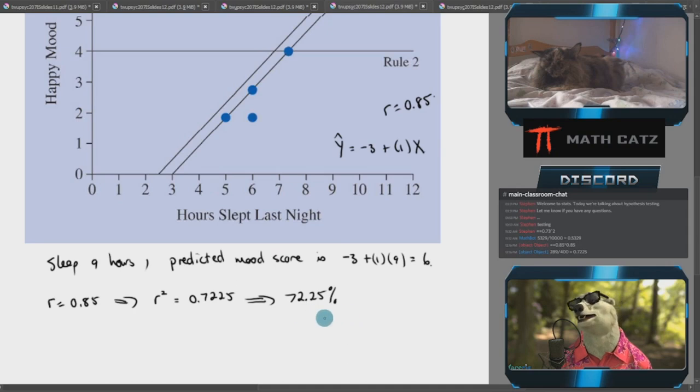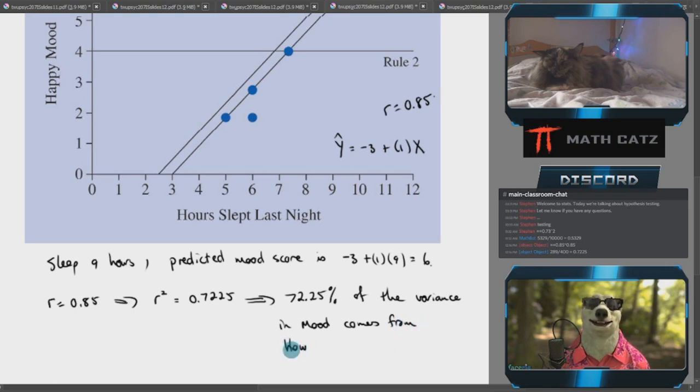So 72.25% based on this, so it's approximately, of the variance in mood rating, let's just say it briefly comes from hours, let's capitalize that, hours slept.